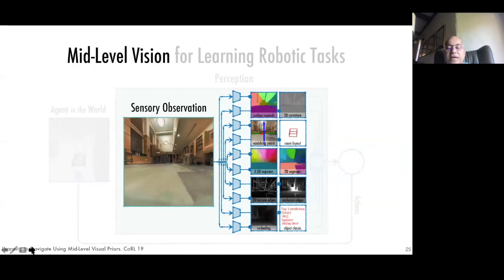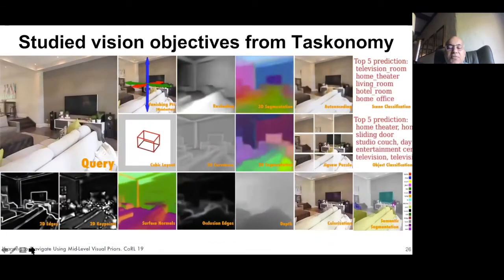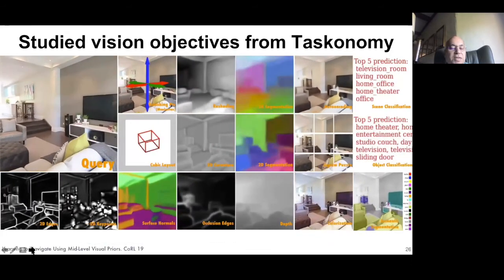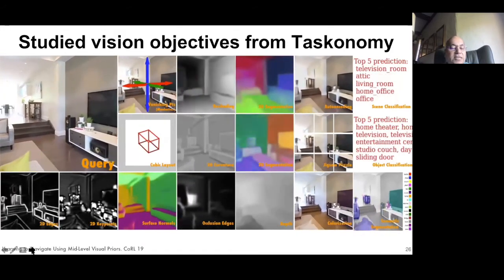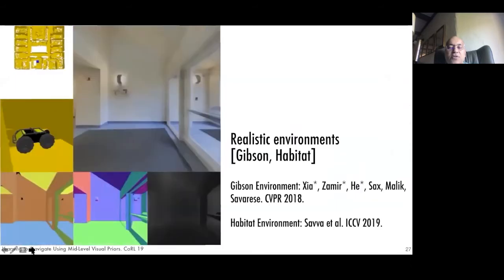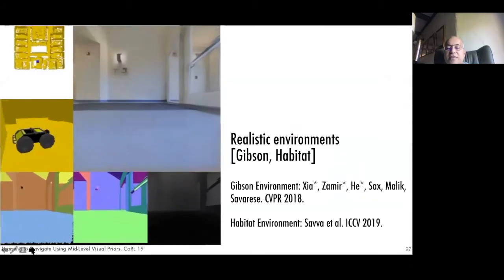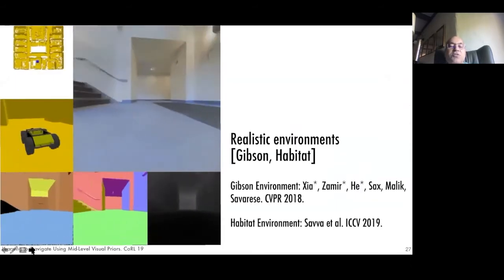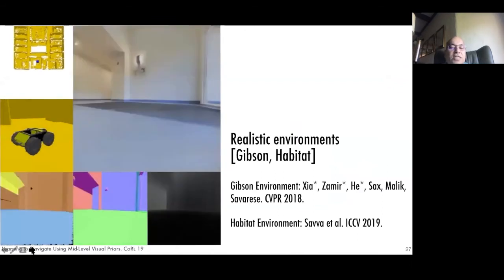Okay, so we have various vision objectives leading us to build up a nice set of intermediate representations. And then the policy is going to be trained with those. And of course, I should note that this is an active vision setting. If we are studying navigation, we cannot make do with any static data set. We need to have realistic environments.